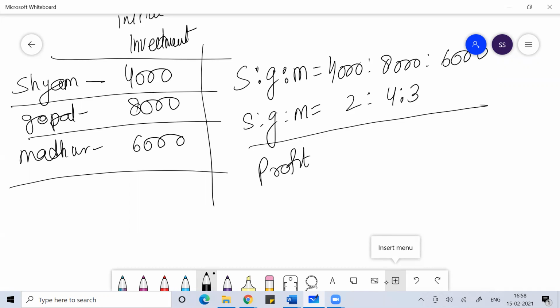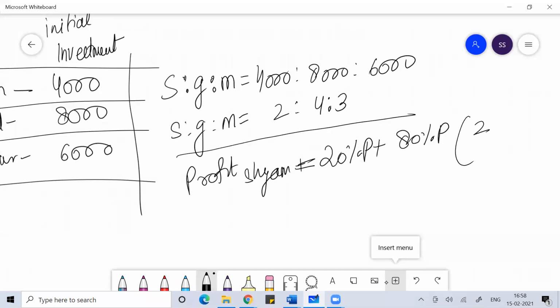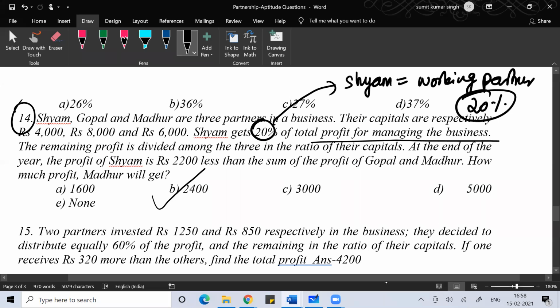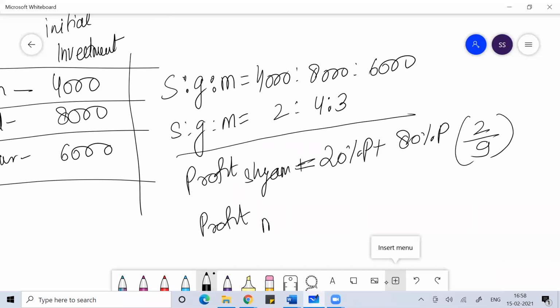So, what is the profit? What will Shyam take? Shyam already took 20% of the profit upfront. Then from the remaining 80% of the profit, how much will Shyam take? Shyam will take 2 by 9 part. How much profit will Madhur and Gopal take of the 80% of the profit?